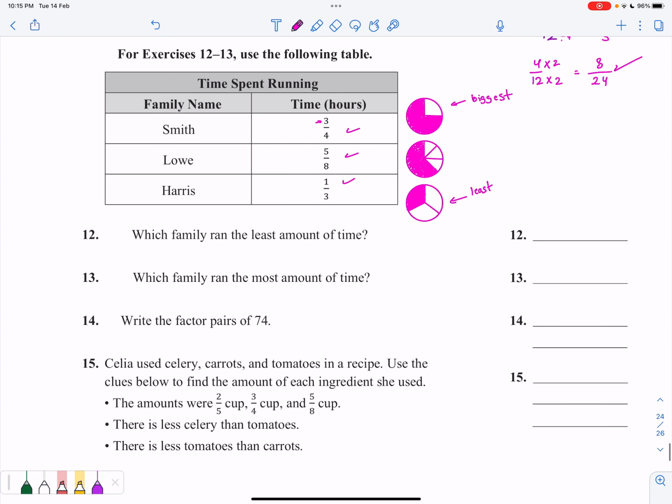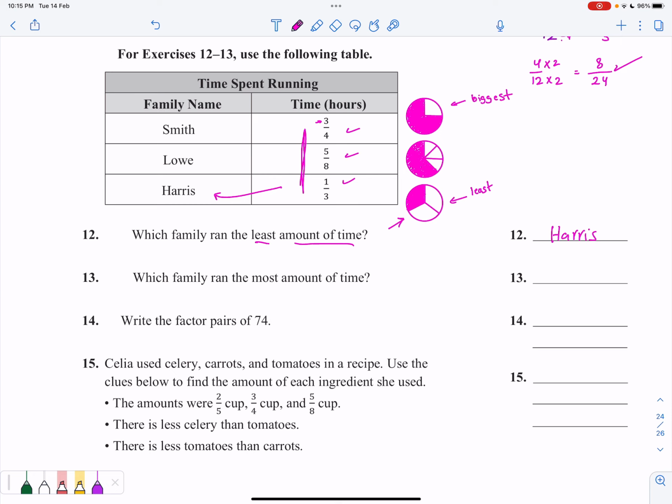Which family ran the least amount of time? The least amount of time means the least fraction between these 3 fractions. From drawing, we can see that the least fraction is clearly that one, which is 1/3. That is the Harris family. So the Harris family has the least amount of time, represented by the least fraction.